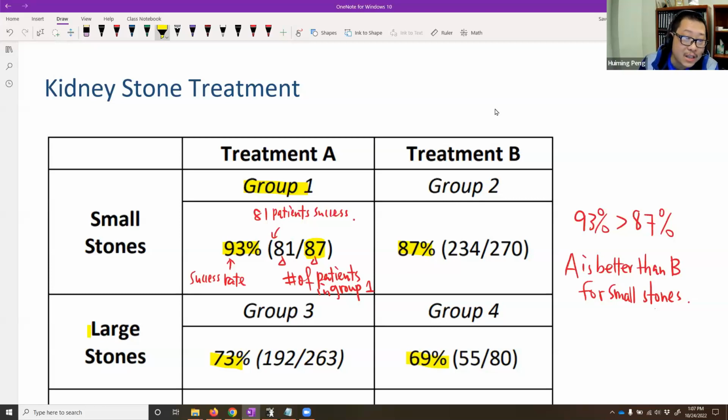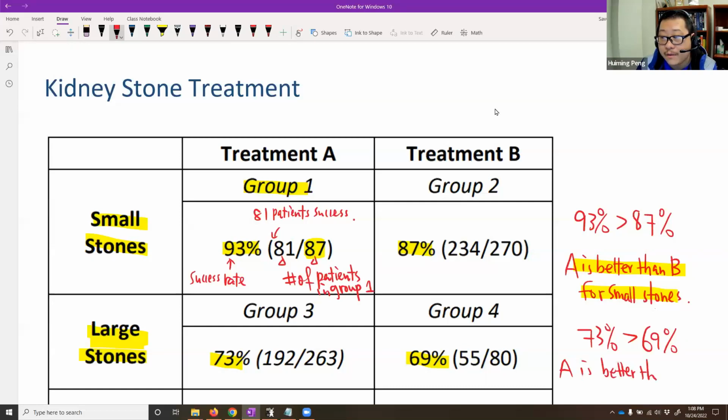Therefore, if we look at large stones, and first we looked at small stones, we get this conclusion. The same for the second: 73% is still higher than 69%. So I make this small conclusion: treatment A is better than treatment B for large stone patients.